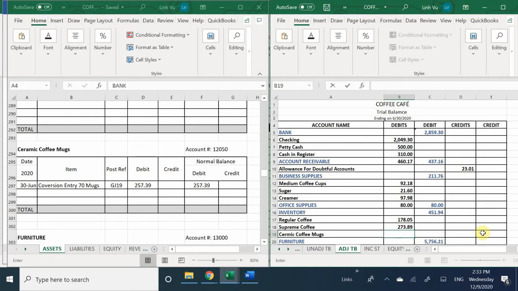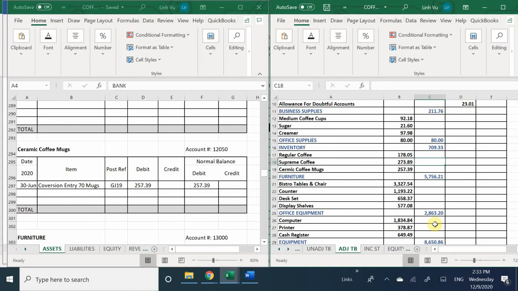The coffee mugs is $257.39. Okay, bringing you a grand total for inventory. Let me make sure I get it right. $709.33. Good.